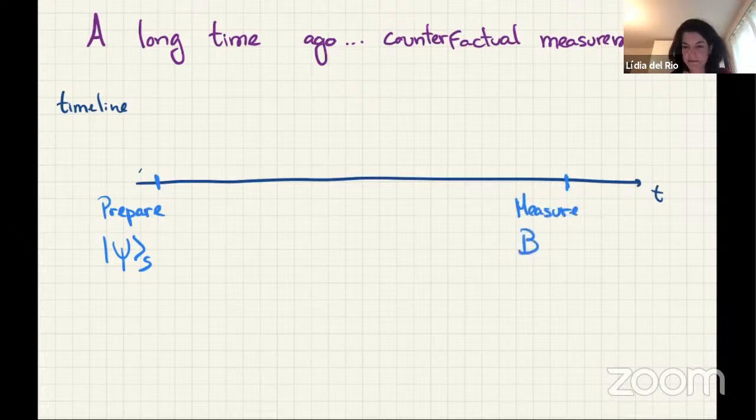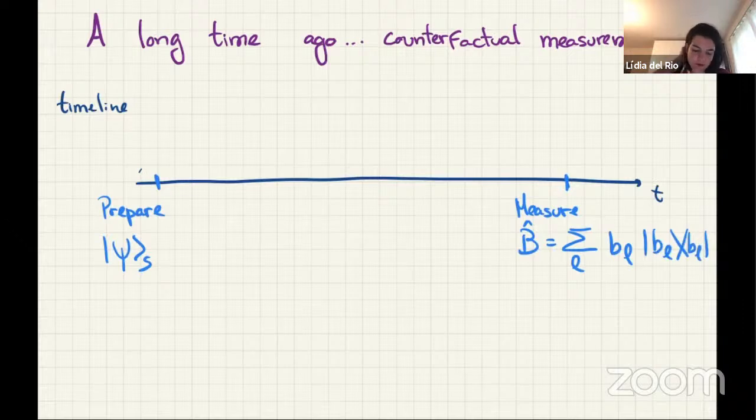Some observable, let's say B, where we only looked at perfectly projective, nice observables. So it was of this sort. BL is just the label for the observable. For example, this could be the X, and then it's like a basis measurement.